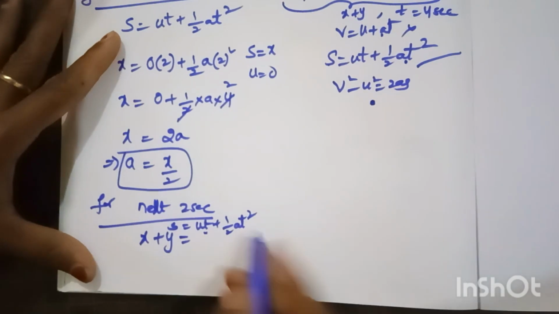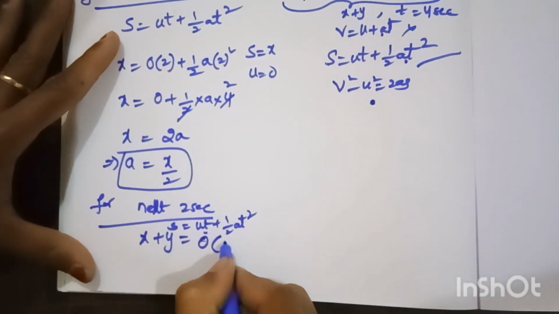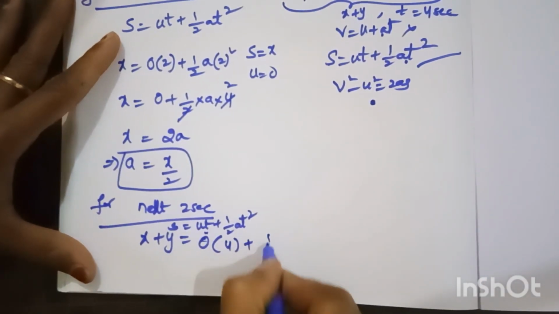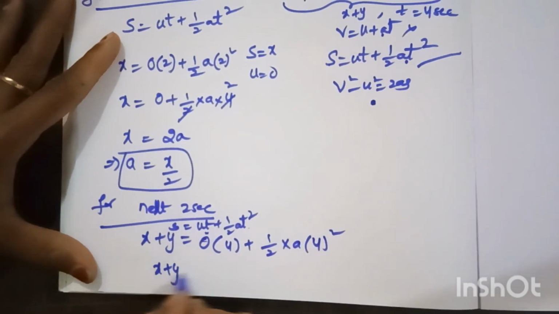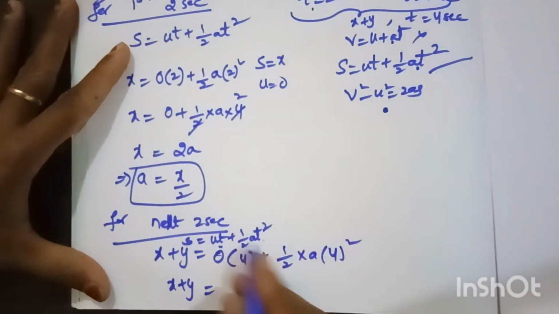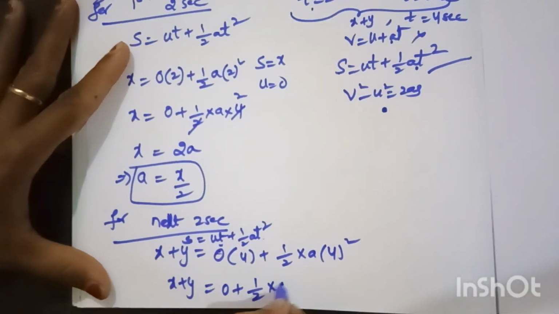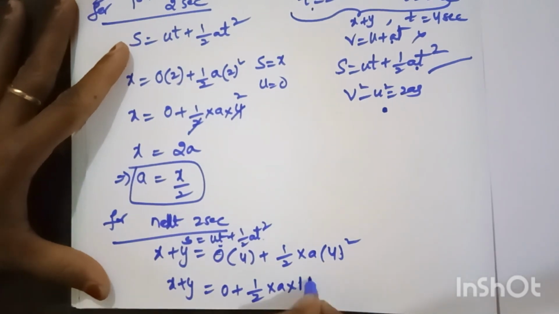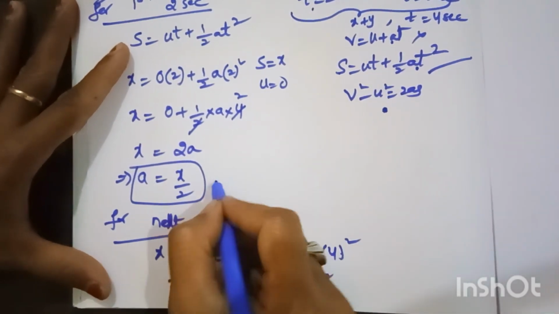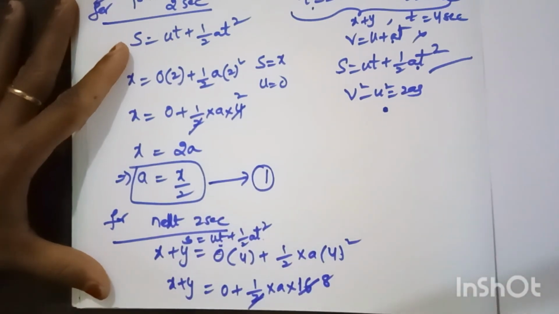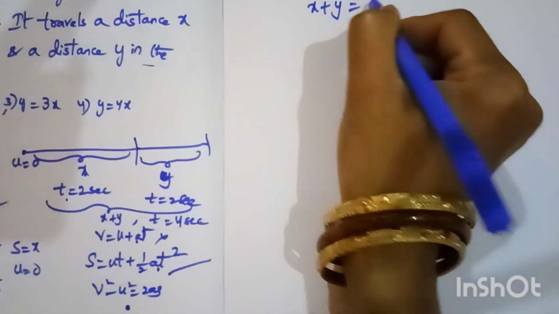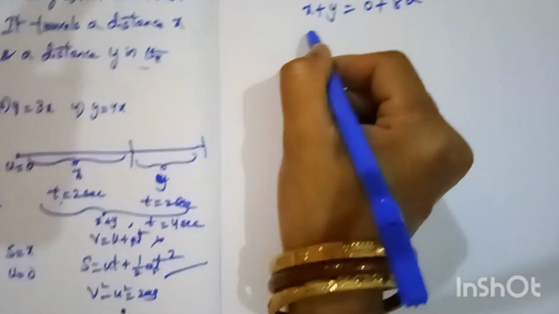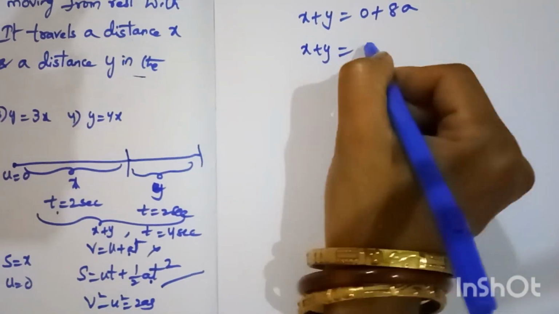For the next 2 seconds, u is 0, so 0 into t, which is 4, plus half into a into 4 square. x plus y equals 0 plus half into a into 16. 2 ones are 2, 2 eights are 16. Consider this as equation 1. What you will get? x plus y equals 0 plus 8a. 0 plus anything will be anything itself. x plus y equals 8a.